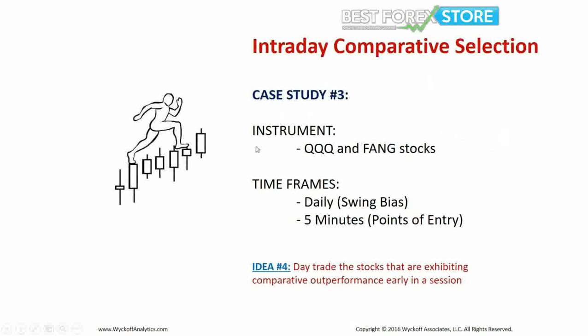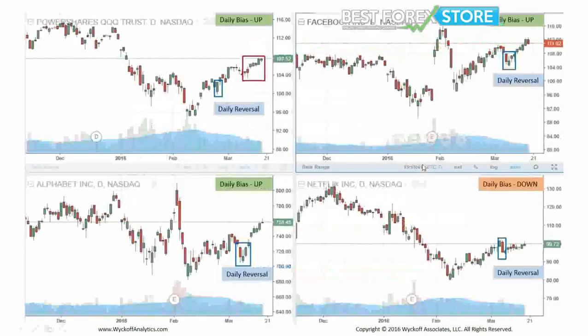So the instruments that we're going to look at, I'm using the market proxy NASDAQ 100, Qs, and I'm using all 4 stocks here. Was it 4 stocks? Did I use 4? Facebook, Amazon, Netflix. I think I'm using only 3. Yeah, I can't use all 4. Yeah, so Qs, Facebook, Google, Alphabet, and Netflix.